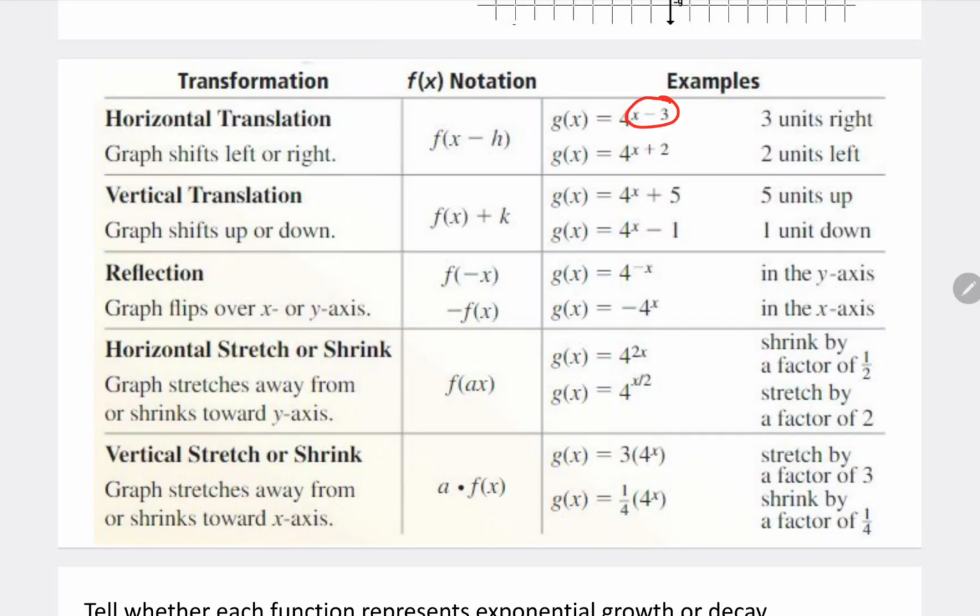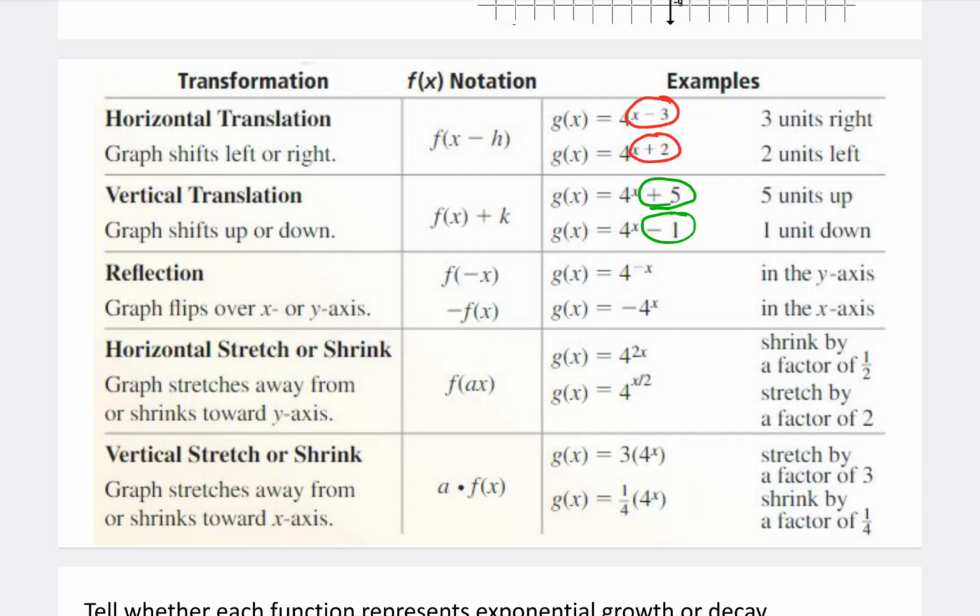So subtracting to the x is right, adding to the x is left. If we're adding or subtracting outside of the exponential part, that's going to move it up or down. Negatives create reflections, and when we're multiplying either the function or the x by a number, those are your horizontal and vertical stretches and shrinks.